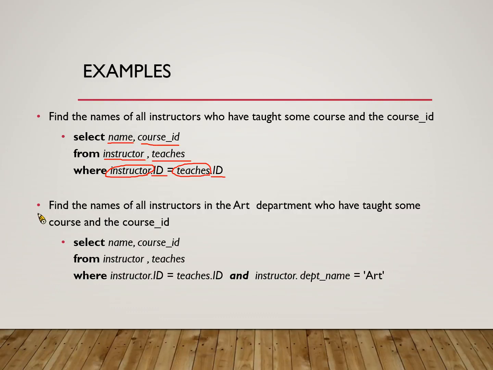And the second example is: find the names of all instructors in the arts department who have taught some course, and the course ID. This example is almost the same as the one above. However, we have to indicate one more condition, which is the instructor's department is equal to art.